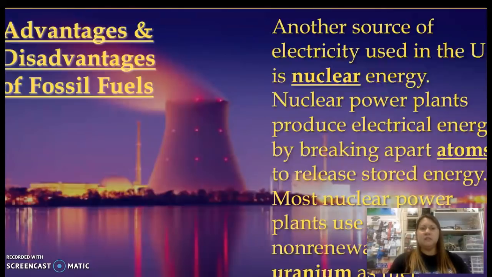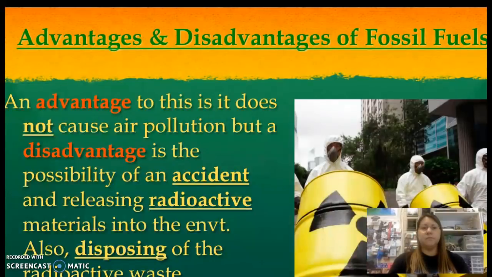So continuing with the disadvantages of fossil fuels, nuclear energy, which we were just talking about, is an example of a non-renewable energy source, because after you have mined the uranium and used that for fuel, you don't have any more uranium. But sometimes you hear about nuclear power plants having a nuclear meltdown. That is definitely harmful, because it can act like a mutagen and can mutate DNA of organisms that may be around.